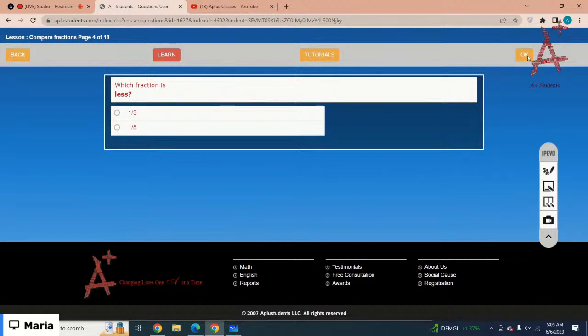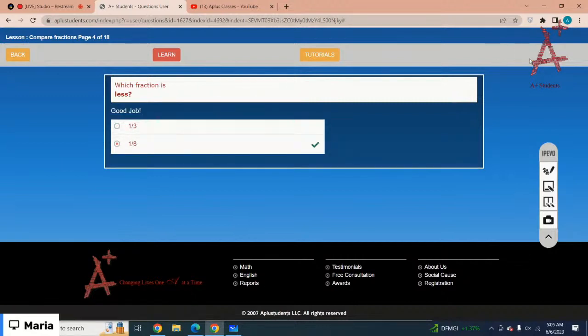Which fraction is less, 1/3 or 1/8? One eighth is the less one. Got it? The correct option is 1/8. That would be less than 1 by 3.